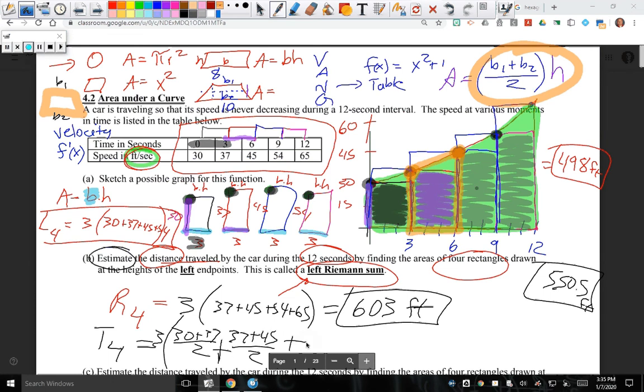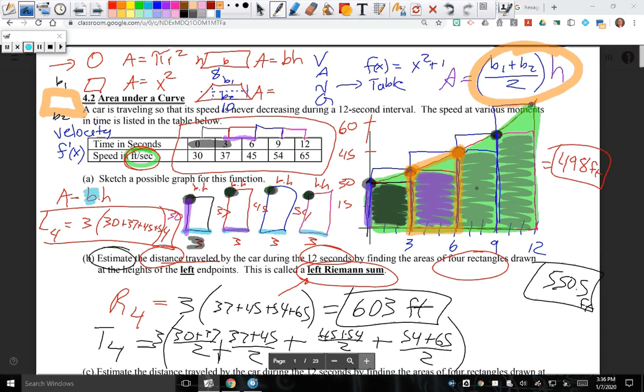What's the trapezoid equation that will show my average height for the third one? 45 plus 54 divided by 2. And then the last height would be 54 plus 65. Do y'all understand? So the average of the y's times the base, all added up together, is going to give me the trapezoidal sum.